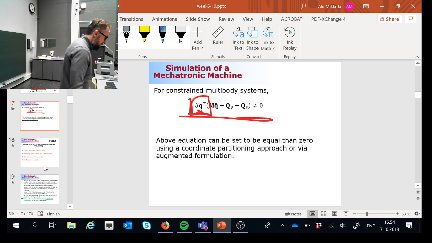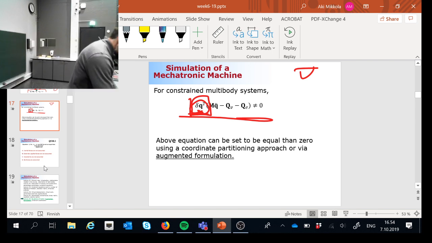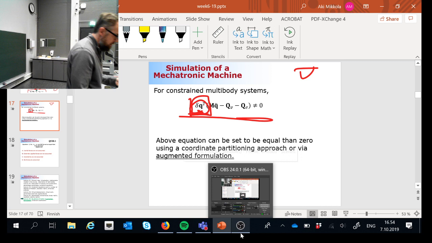Now, in this equation, you cannot set this to be equal to 0 because the virtual displacement is introduced to all the generalized coordinates. So hypothetically, I don't know if this is a clear drawing, but let me see if my pen is now cooperating.